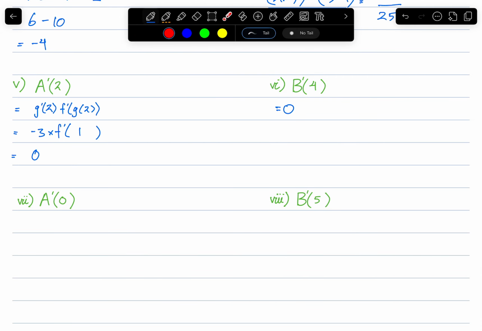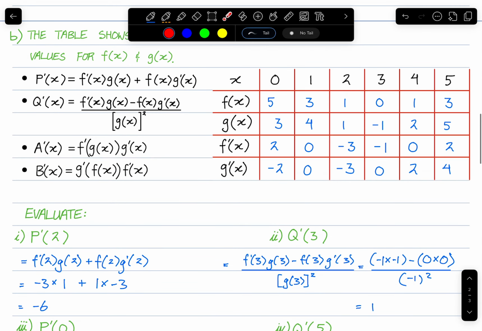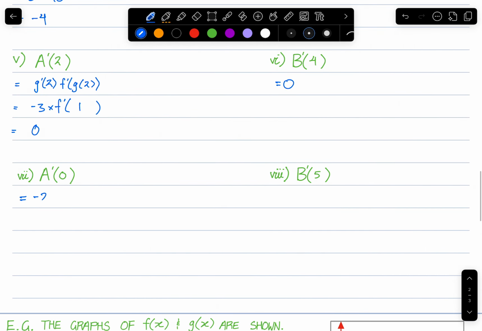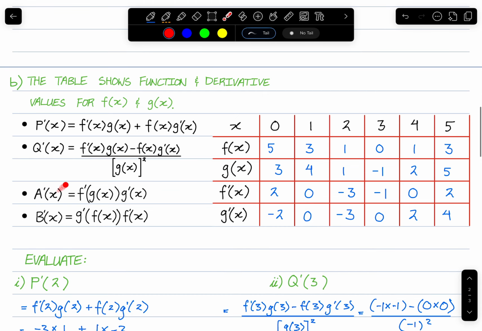Let's keep going here. A prime of 0, sorry. A prime of 0 is going to be g prime of 0, which is -2, so let's write that in. Times, remember, it's going to be f prime of g of 0. So g of 0 is 3.